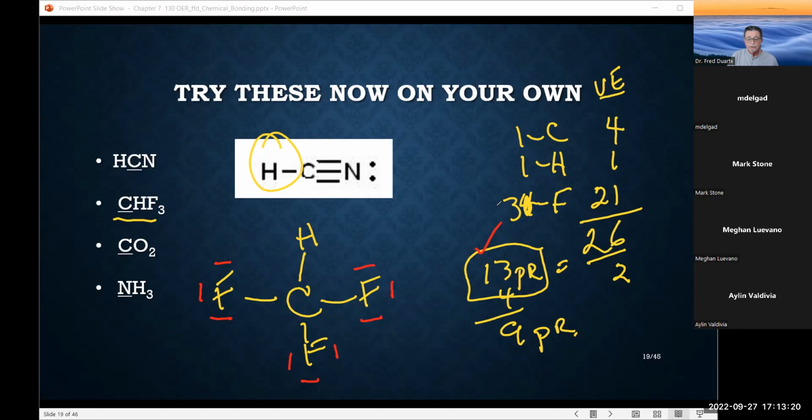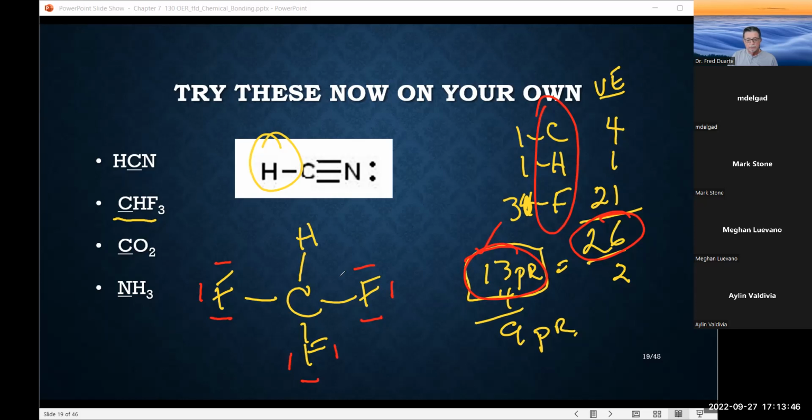So that works fine. I cannot add more or subtract anything less than 13 because that is the number we come up with based on the number of valence electrons that all of the atoms brought in through the structure. Okay. So that is what we got.